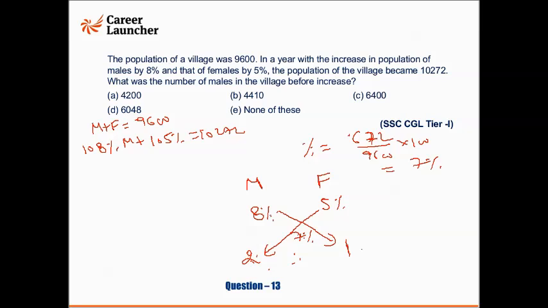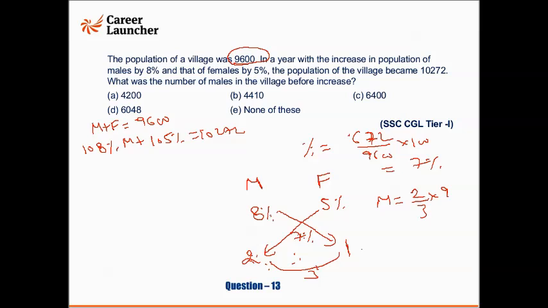Now you have to calculate the number of males before increase, right? Before it was 9600, total population was like that. So number of males before increase was 2/3. Suppose 2 plus 1, total is 3, right? So number of males will be 2/3 of this 9600.